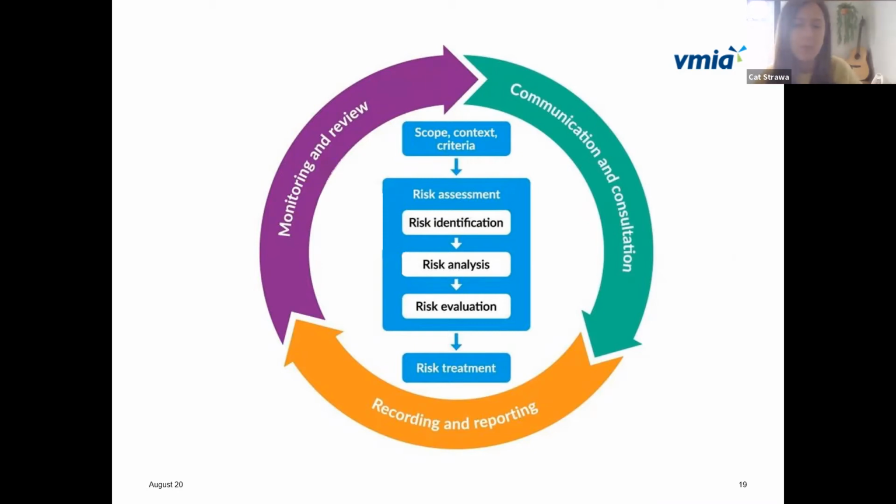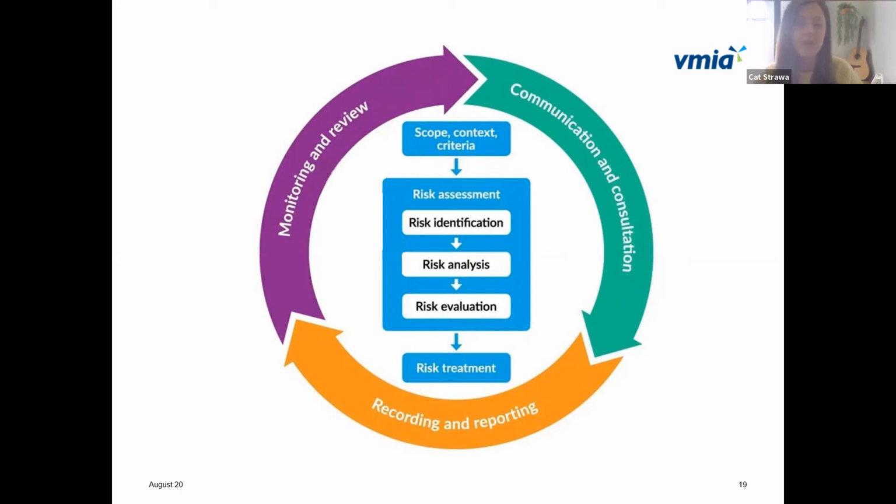So I'll just begin by quickly talking about the section in the middle in blue. So we'd start by looking at our context. We need to know, what are we trying to achieve and where are we at currently? And then we'd begin our risk assessment, which is where we'd start to identify the risks, the events or circumstances that might affect our achievement of our objectives. And then we'd get into our risk analysis.